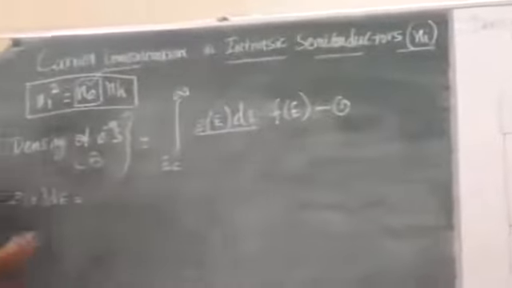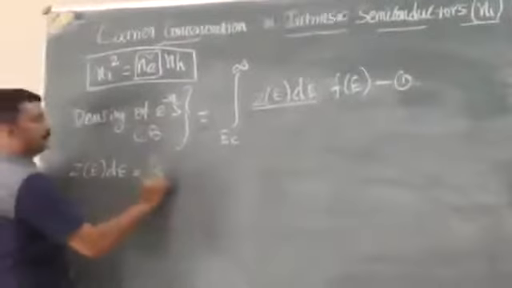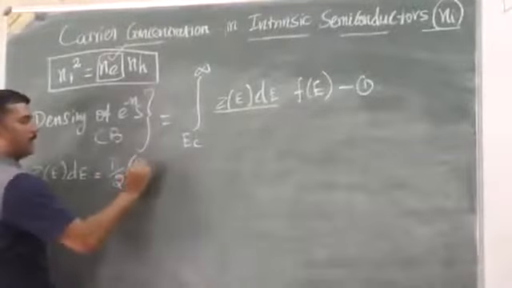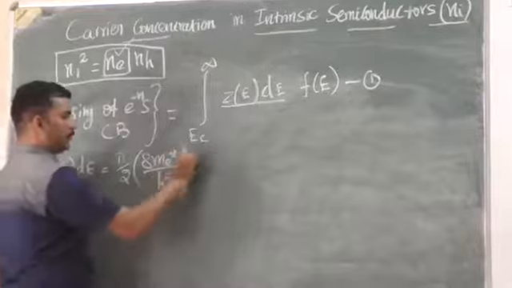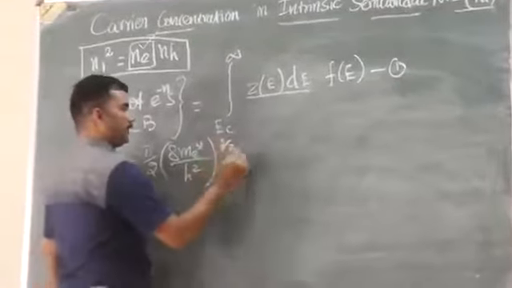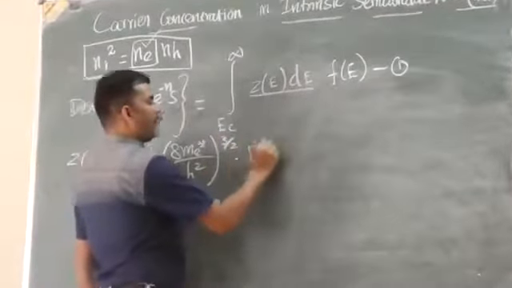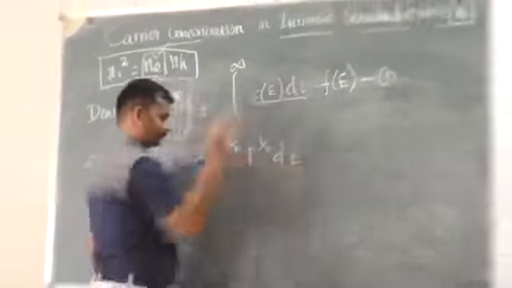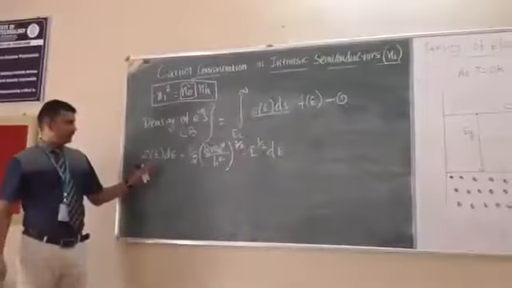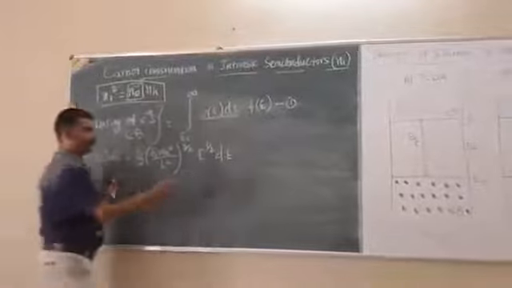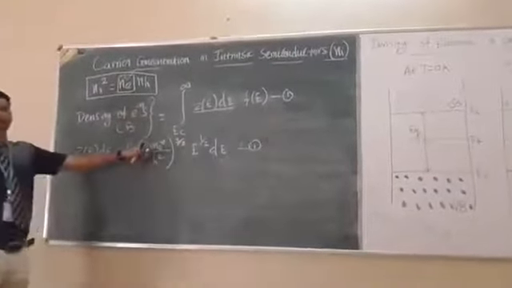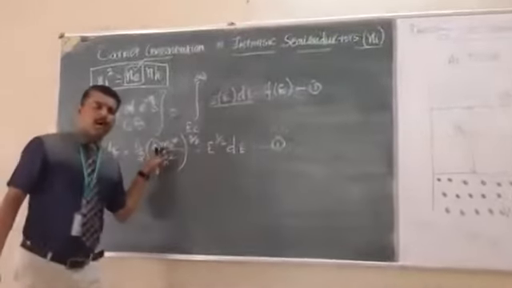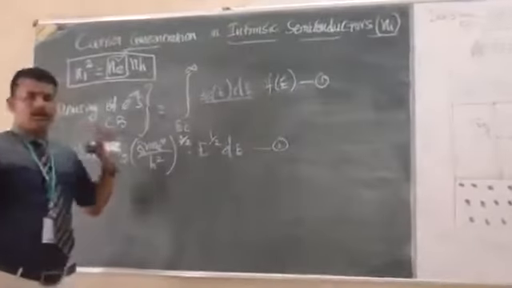That value we already know: pi by 2 into 8 mv star by h square whole power 3 by 2 into E power of dE. So this is the density of energy state value. This is already calculated, right? Here mv star is nothing but the effective mass of an electron, right?